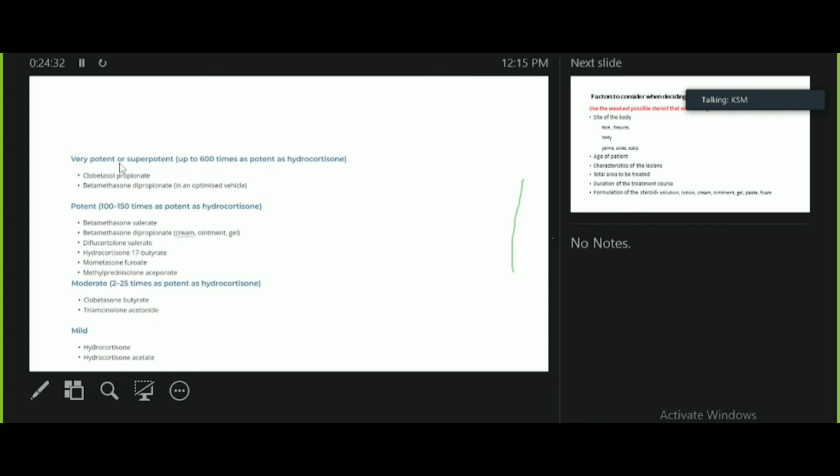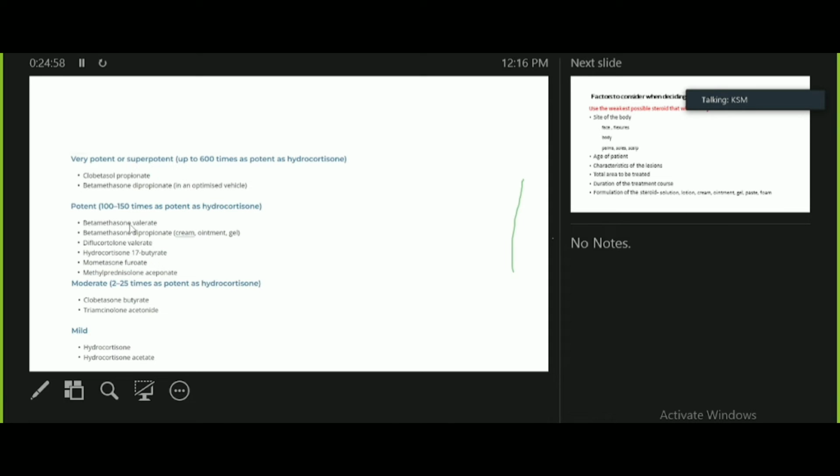There are very potent or super potent ones, the commonly used clobetasol propionate, and potent ones, betamethasone valerate and mometasone. Then the moderate ones like clobetasone, and a mild one, hydrocortisone. If you consider the potency of each group, these moderately potent ones are 2 to 25 times as potent as hydrocortisone.